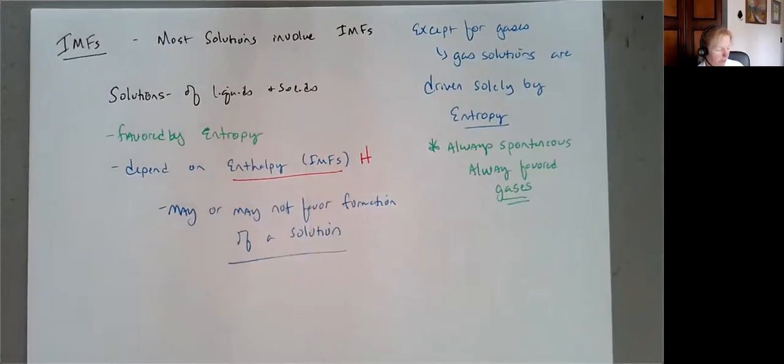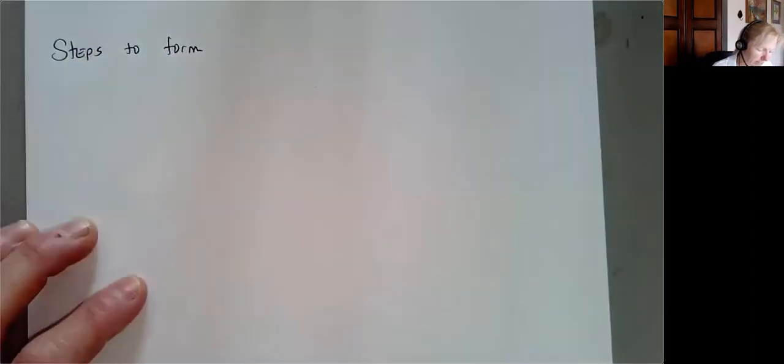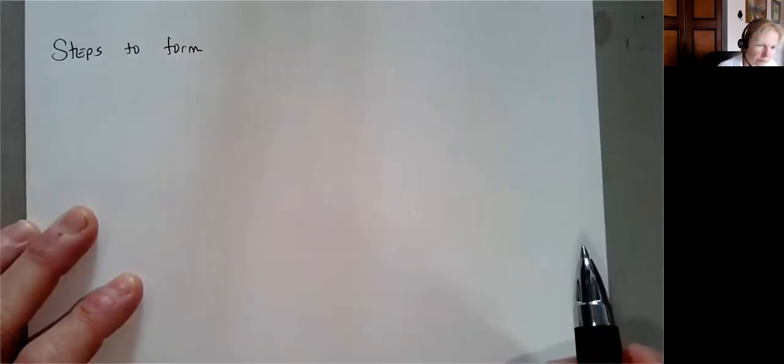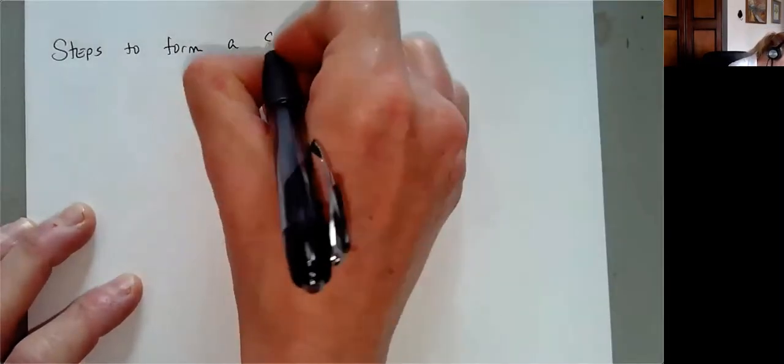So if I have something that's really significantly unfavored from an enthalpy standpoint, even though it's favored from an entropy standpoint, that solution is not going to happen, and vice versa. So my steps to form a solution are this. From here on out, we're really not going to talk about gases because gases will always form solutions. So this is going to be a discussion where we have to consider enthalpy. Steps to form a solution.